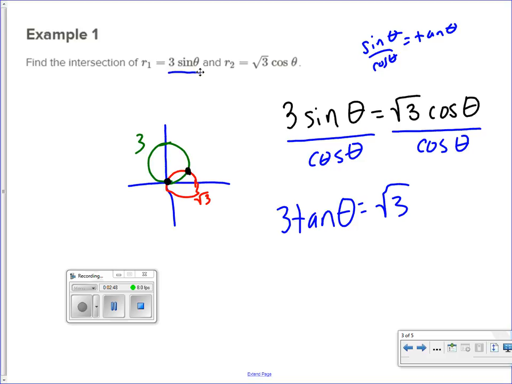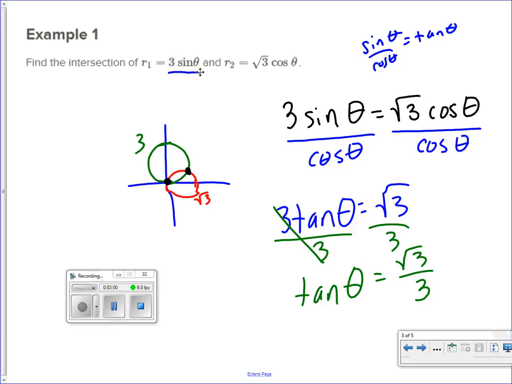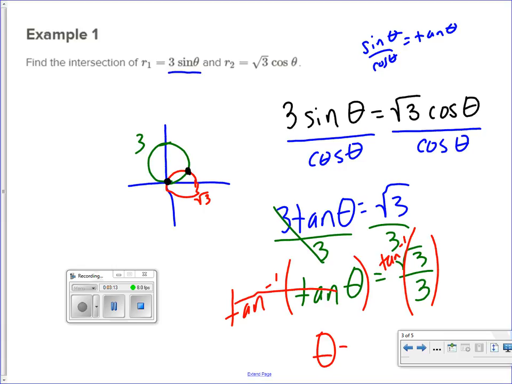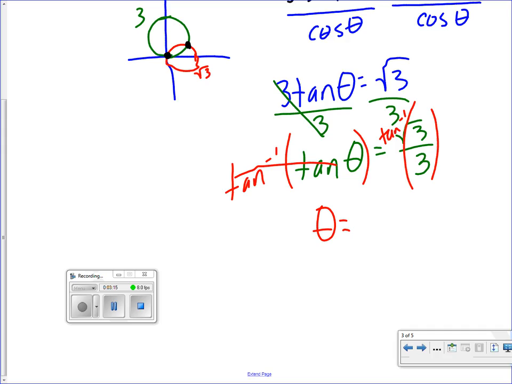So now I want to get theta by itself. Let's divide both sides by 3. The tangent of theta equals radical 3 over 3. And then the last thing to get theta by itself is I'm going to take the inverse tangent on both sides, because inverse tangent and tangent will cancel out. So the inverse tangent of radical 3 over 3. So theta equals, and here I'm going to my unit circle.